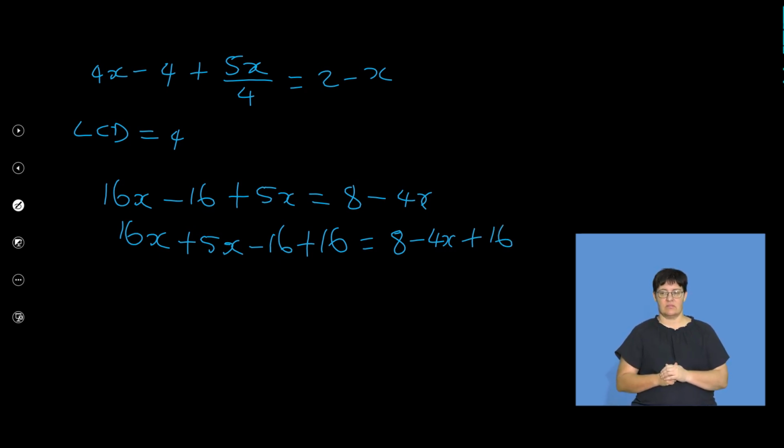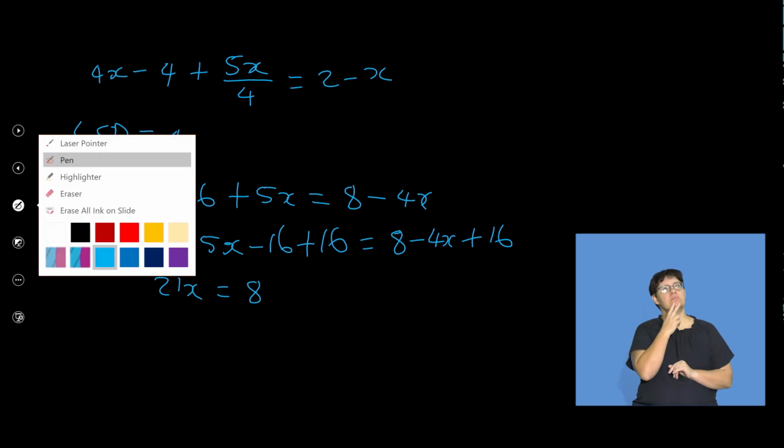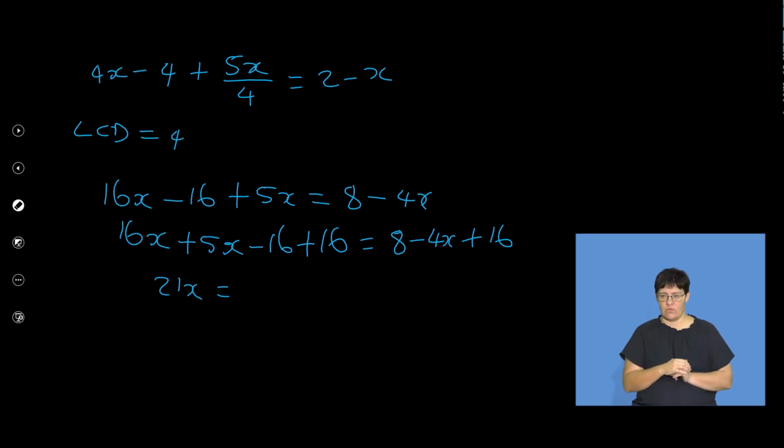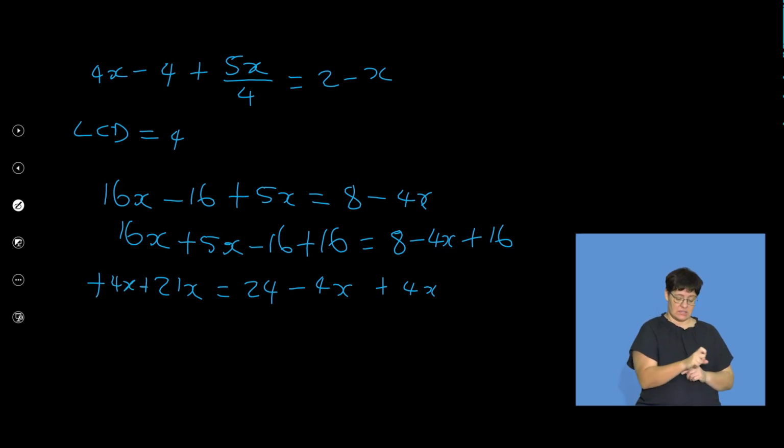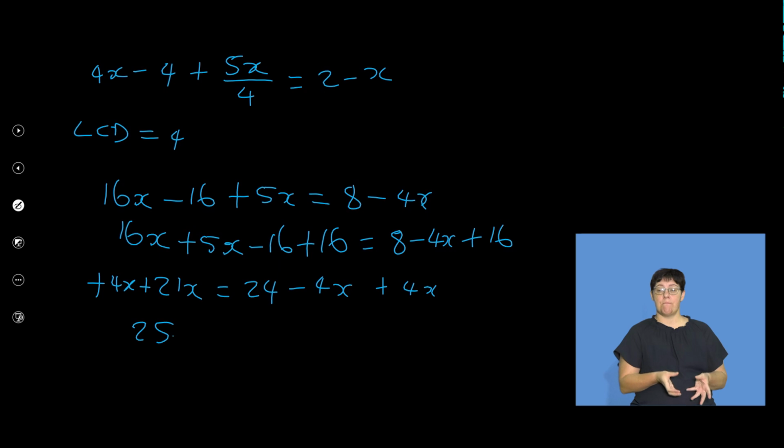And this will give me 16x plus 5x, which is 21x, equals 8 plus 16, let me just add it so that I don't add another step there. If I add those two, then I get 24 minus 4x. Lastly, you add 4x on both sides, so that will be plus 4x and plus 4x. That will give me 25x equals 24.